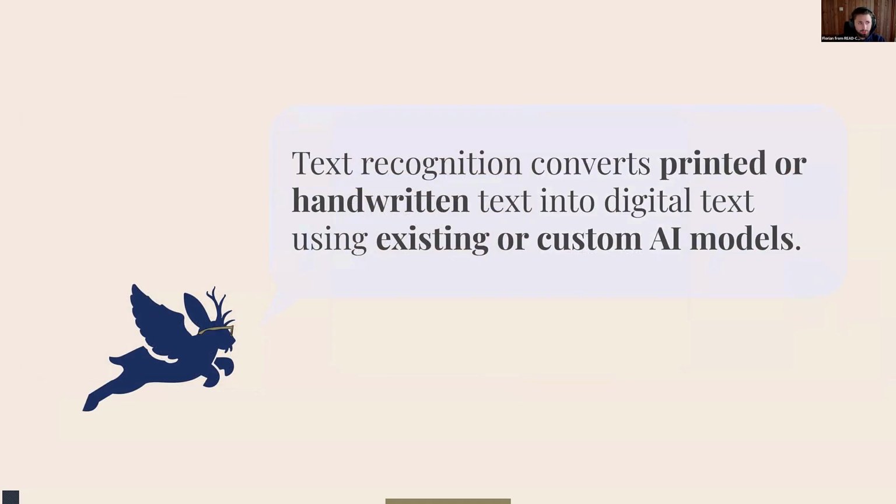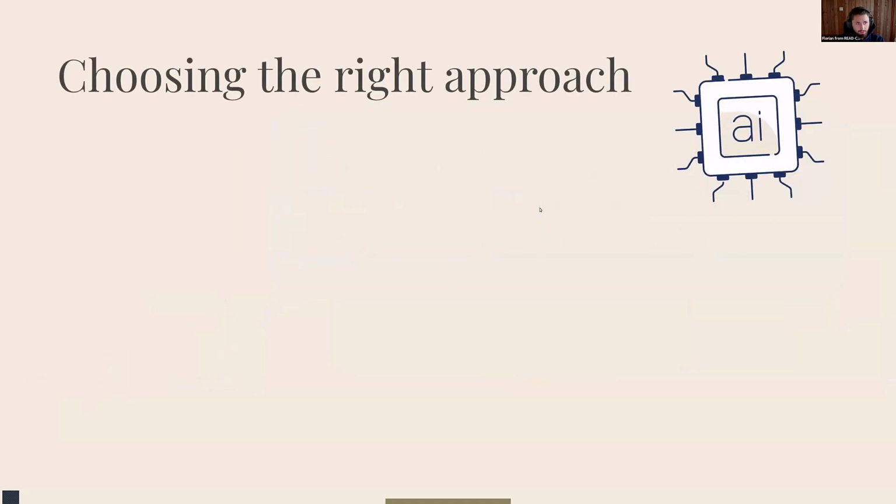In short, text recognition converts your printed and handwritten text, mainly handwritten because we are focused on handwritten text recognition, but it also works very well with printed text, into digital text. You can do that by using AI models, and how to train them is the main topic of today.